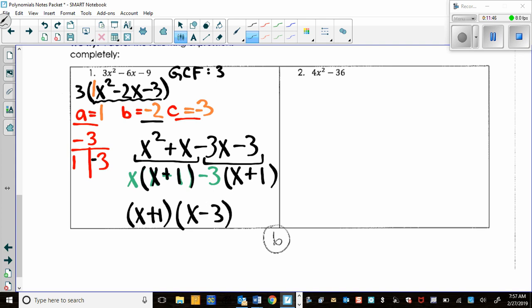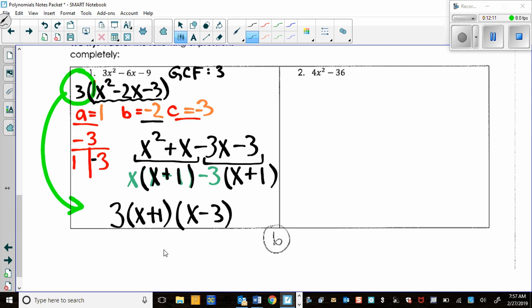But because we factored out at the beginning a 3, that also needs to be written down in front of your two factors. Okay? So if you were to multiply these three factors, you would get the answer of 3x squared minus 6x minus 9.